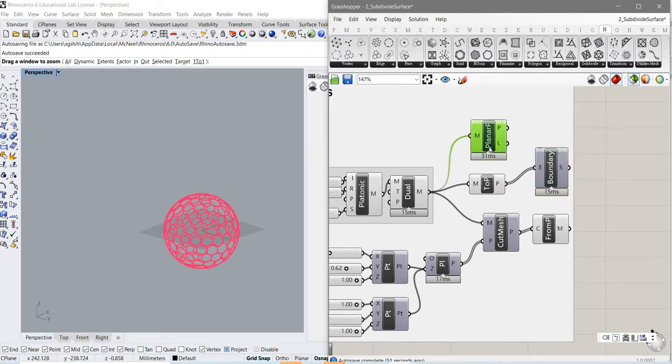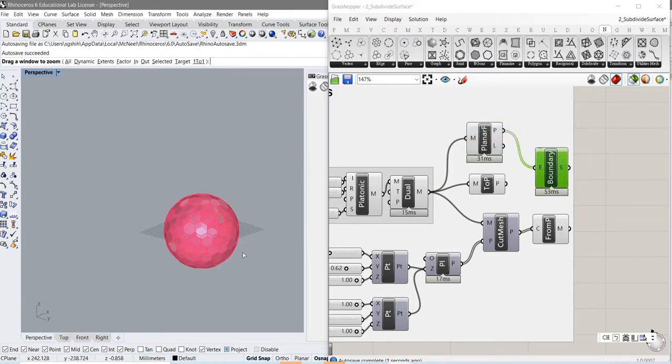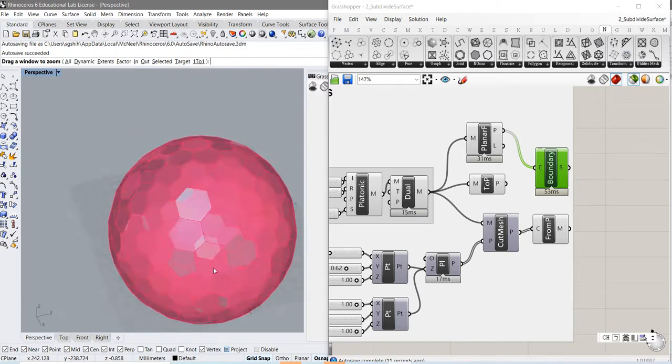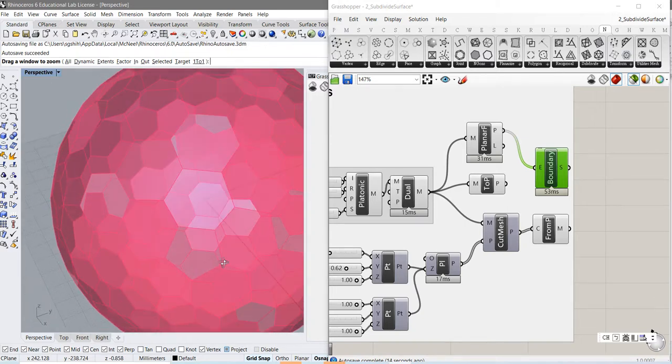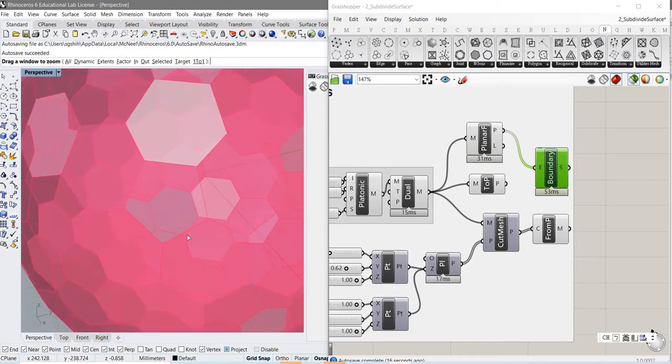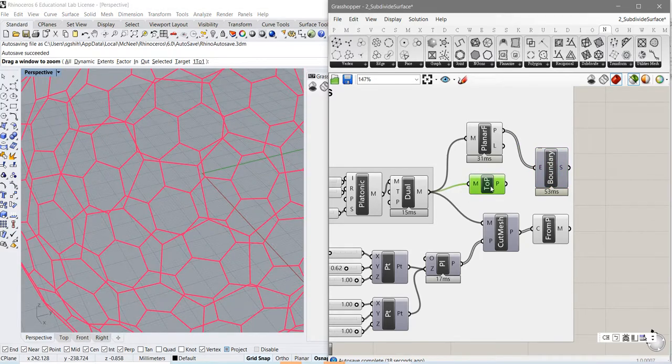So if you apply this component, then somehow you still get planar hexagons. Okay, and I think this is remarkable. Very important for architectural designers. Okay, you understand this? Okay.